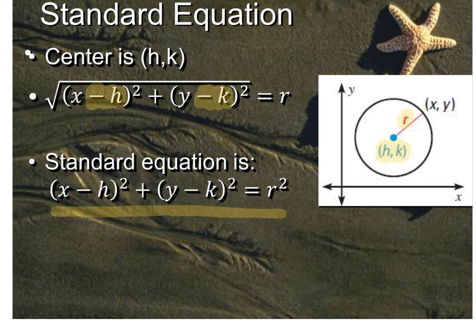So if you found the distance of your radius, that would give you the equation of a circle. That's where they derived the equation of a circle. It's because your radius is the same distance from the center. Any distance between the edge of the circle and the center will be the distance formula, but they just leave x and y as x and y, and they don't plug in another point.